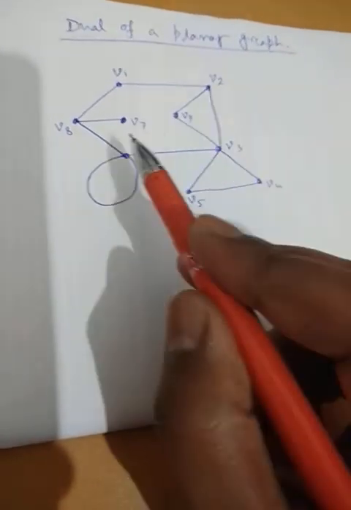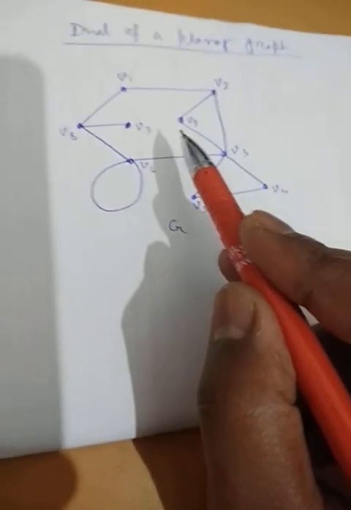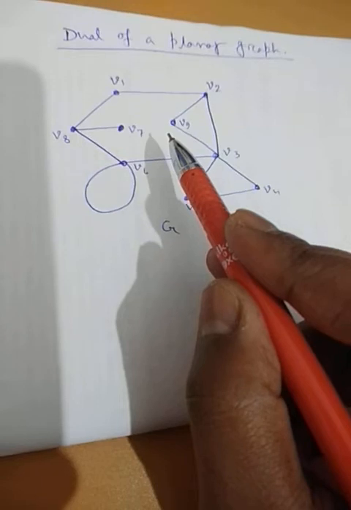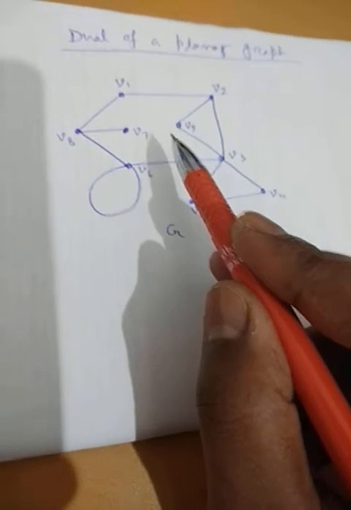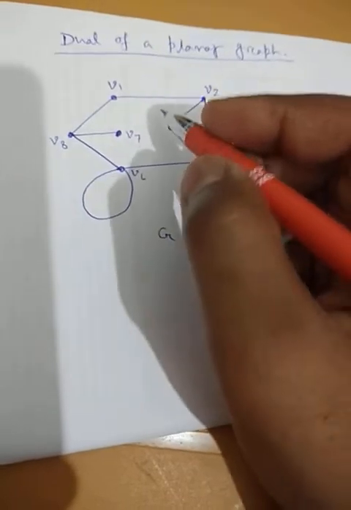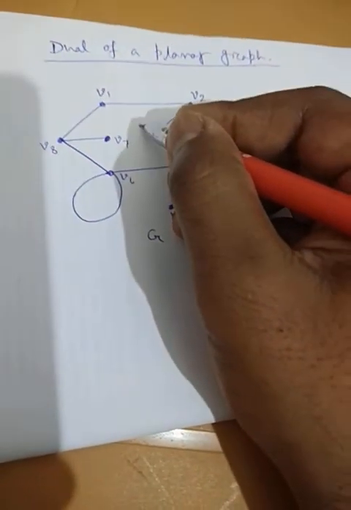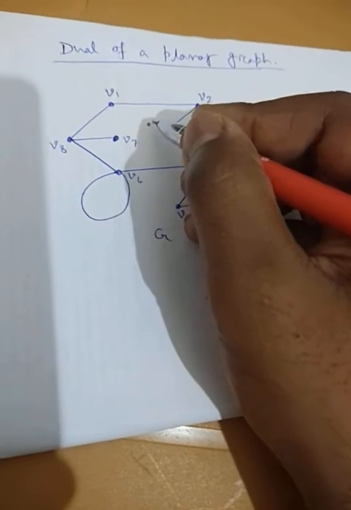Corresponding to each of the faces there will be one vertex in the dual graph, and you can put the vertices anywhere in the faces. So we are plotting now the vertices. For this face we can put here, you can put anywhere.